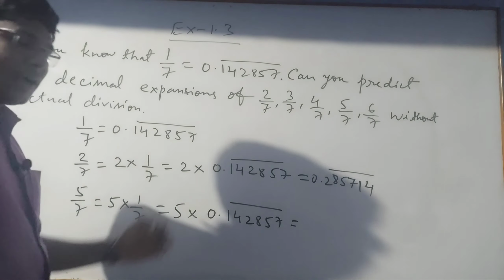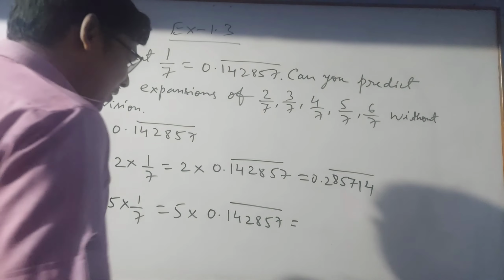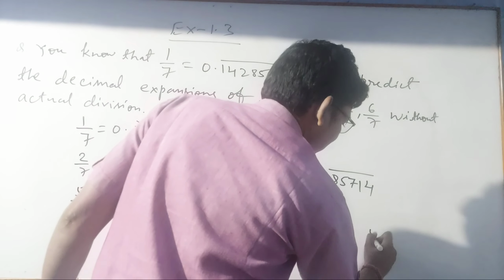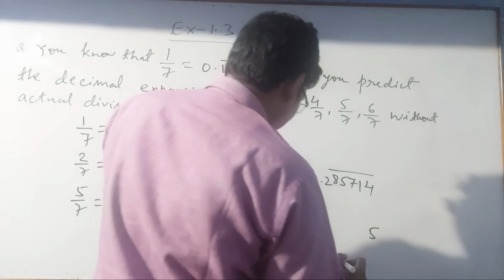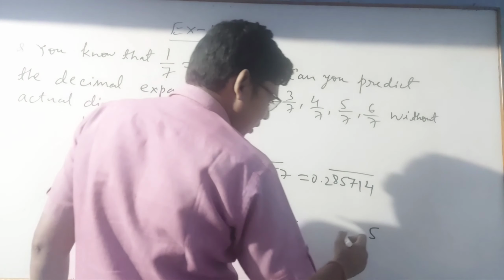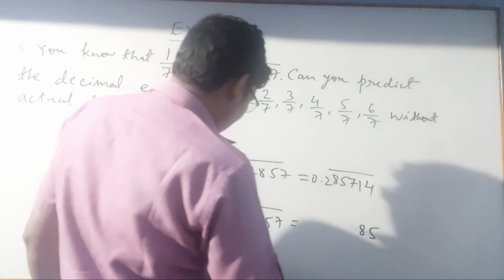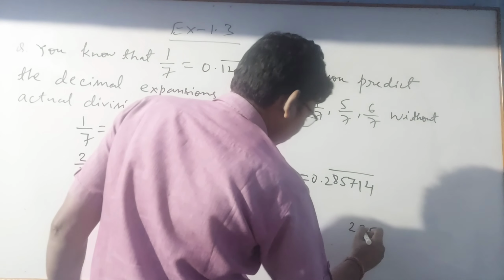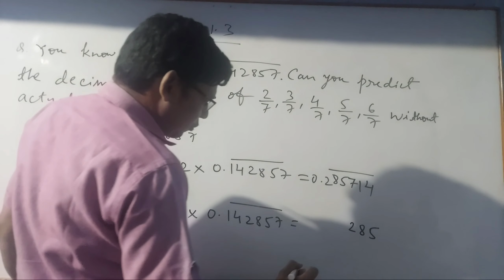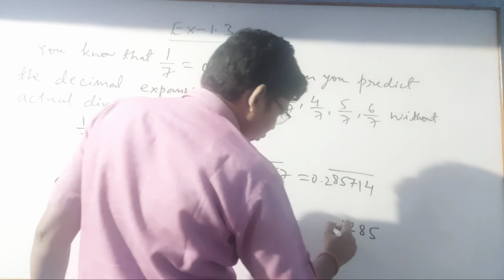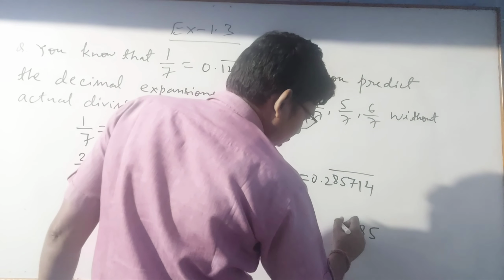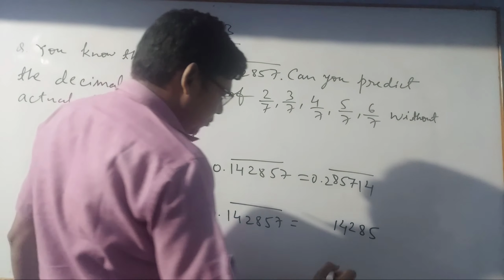Now we multiply: 5 7s are 35, 5 5s are 25 plus 3 is 28, 5 8s are 40 plus 2 is 42, 5 2s are 10 plus 4 is 14, 5 4s are 20 plus 1 is 21, and 5 1s are 5 plus 2 is 7.